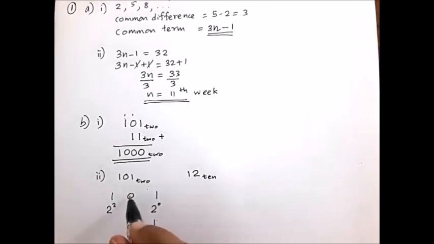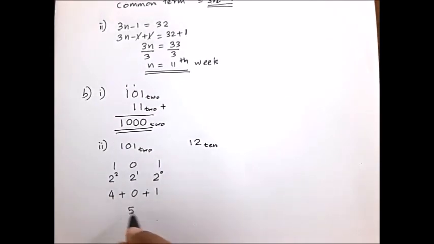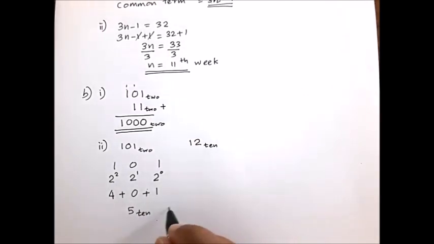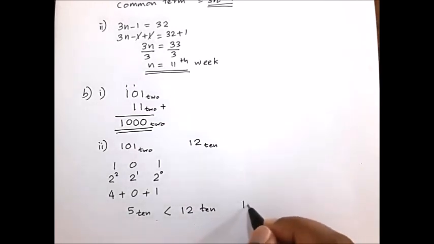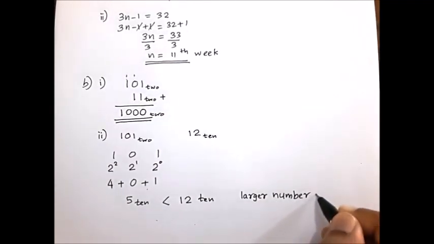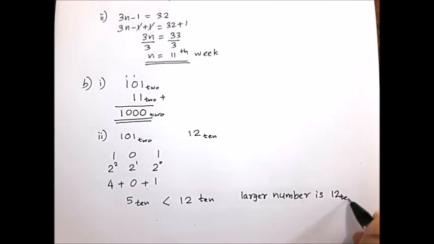Here value is 1, here 0. 2 to the power 2 equals 4, 4 times 1, 4. 4 plus 0 plus 1, 5 base 10. Now compare these two. This one is the larger one. Larger number is 12 base 10.